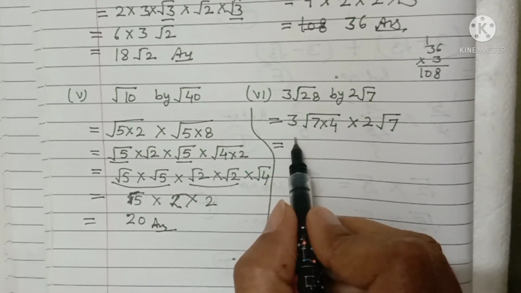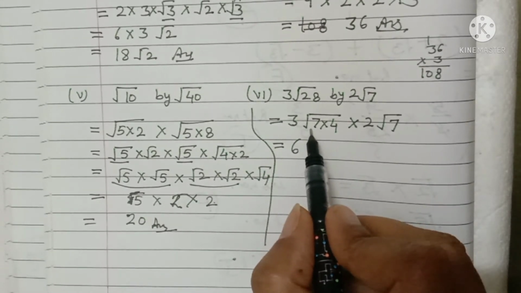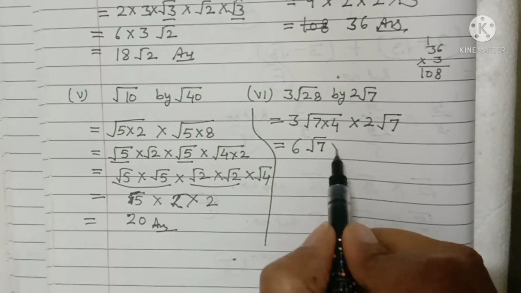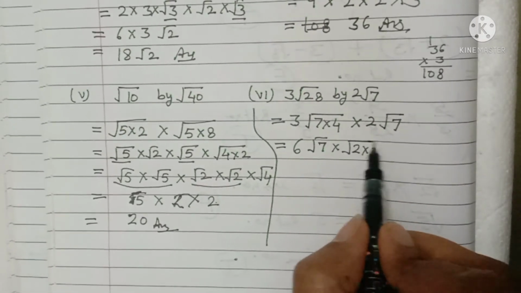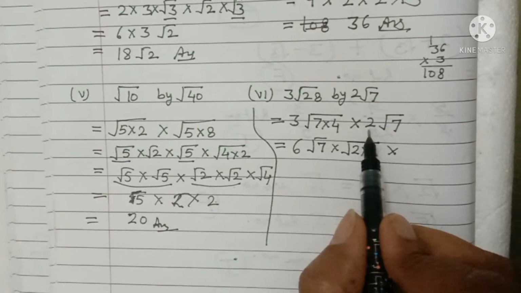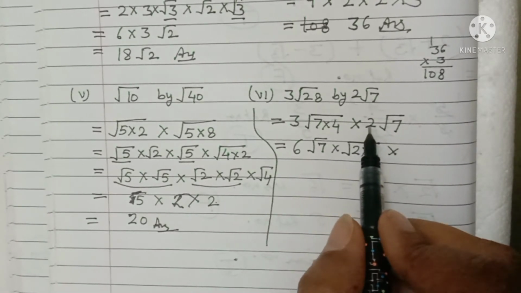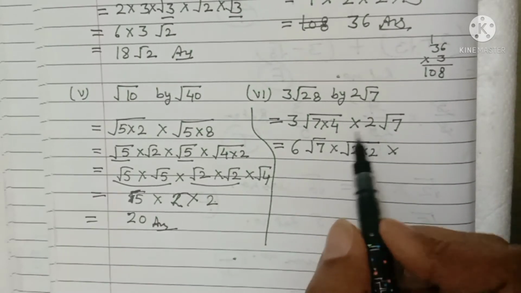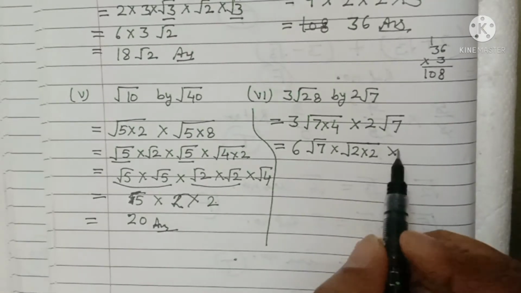You can multiply. 3 2s are 6. Now under root 7 into under root 4, you can write it as under root 2 into under root 2, and this 2 we have already multiplied, so don't make the mistake of multiplying again as we did in the fourth part.